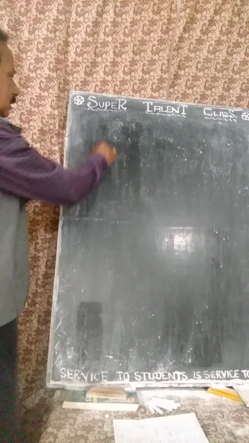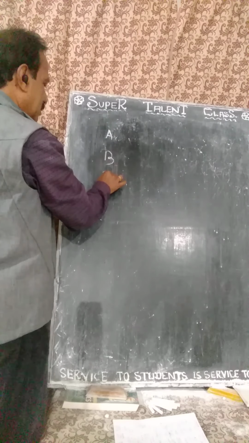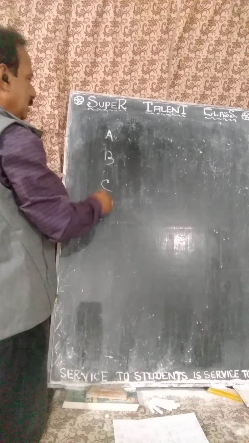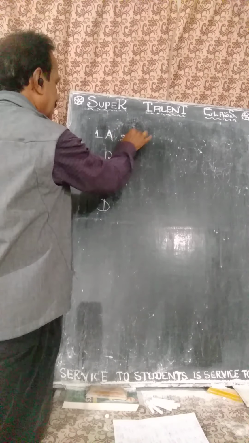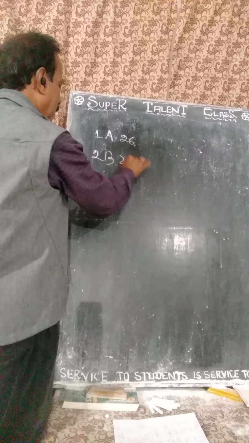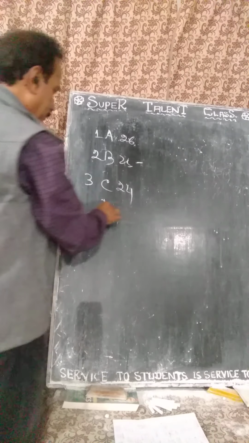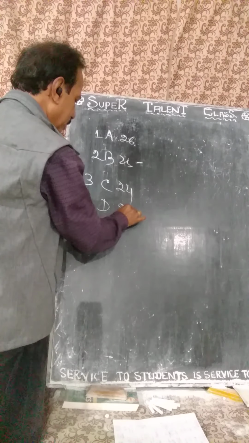Mainly you should make the chart, just like I told you, ABCD already I told you. So this is ABCD, 1, 2, 6, 2, 2, 5. Numbering code 3, 24, 4, 23.